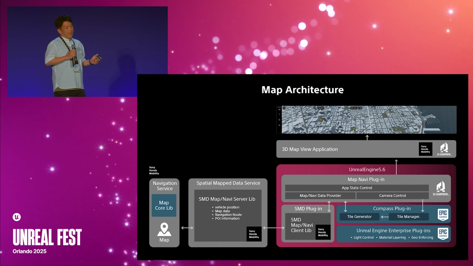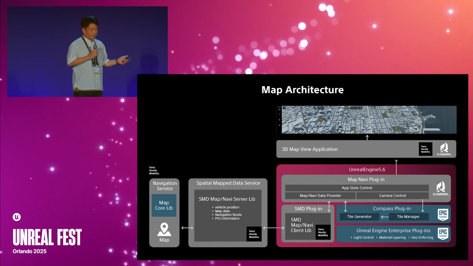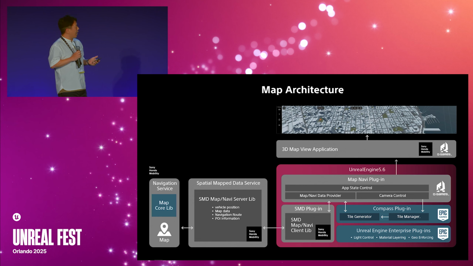The Compass plugin dynamically selects the tile data that should be displayed based on that information, taking the FLASM into account. Based on this information, tile requests are made. Tile requests are made through the API of the spatial mapped data service client, but the API is adjusted to enable more efficient and optimized data retrieval.